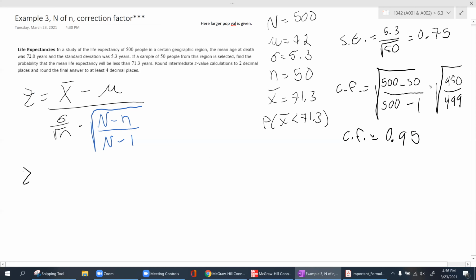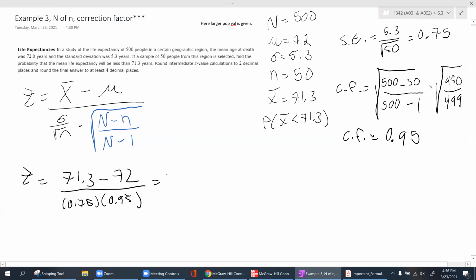So now I can go ahead and plug everything in to my z value. My x bar is 71.3 minus 72 over 0.75 times 0.95. Let's do my numerator first.